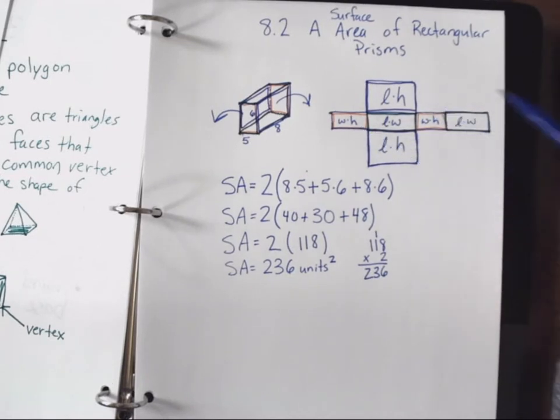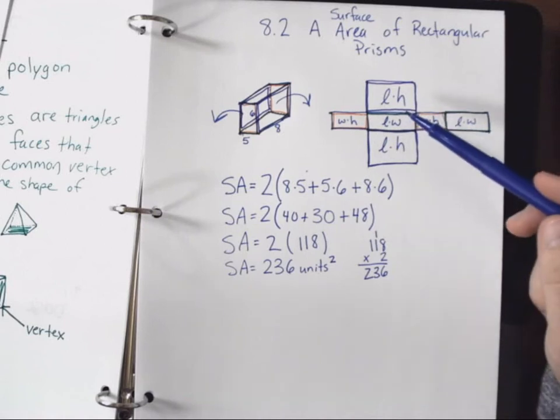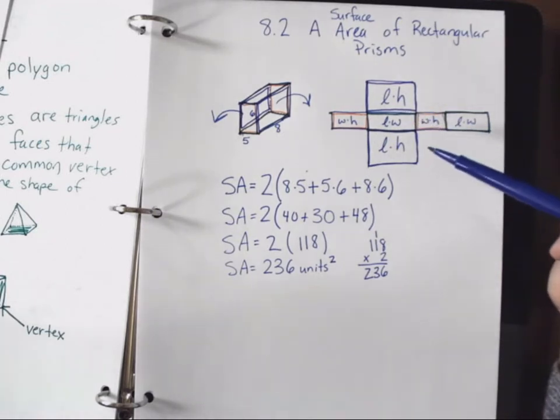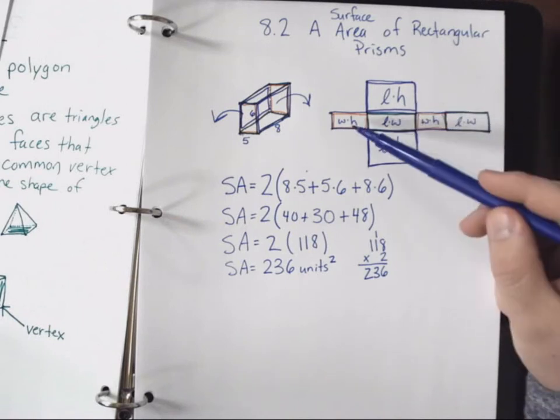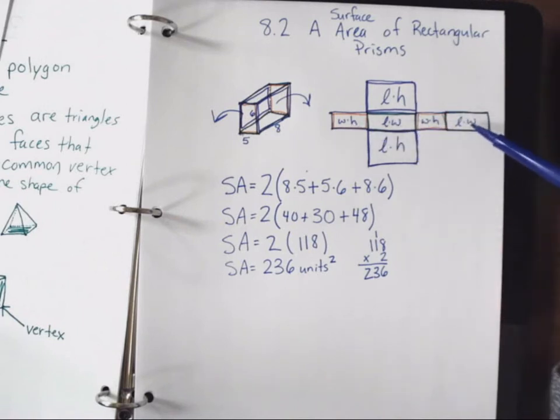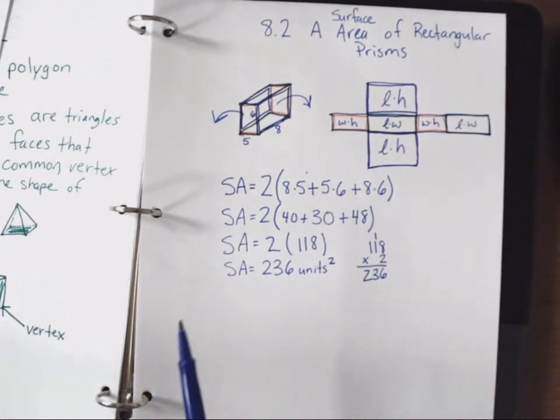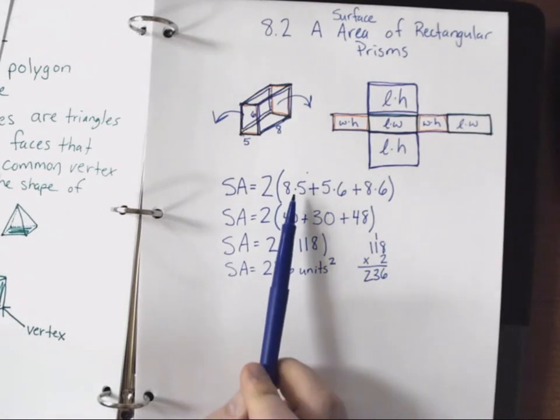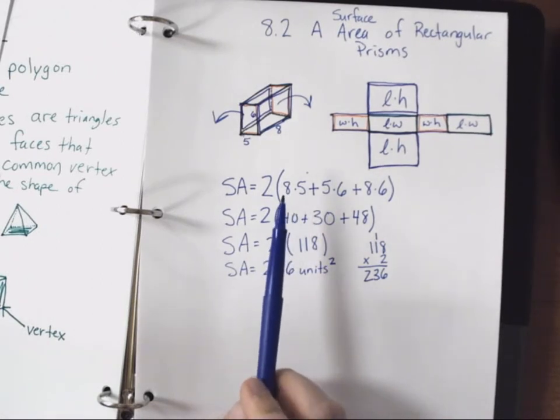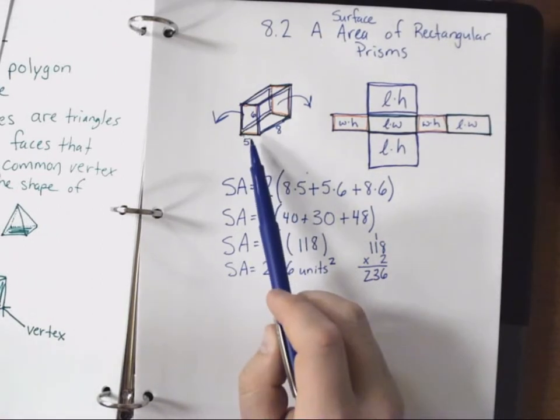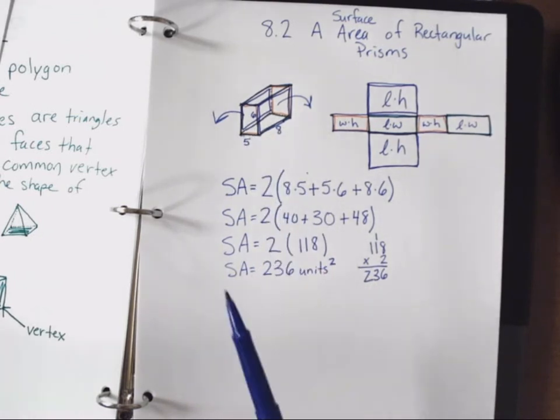Each side of this rectangular prism has two identical faces. 1, 2, 1, 2, 1, 2. If we just remember that the order in which we put our formula does not matter, the only thing that matters is that you use every combination of these three numbers that you could possibly use.